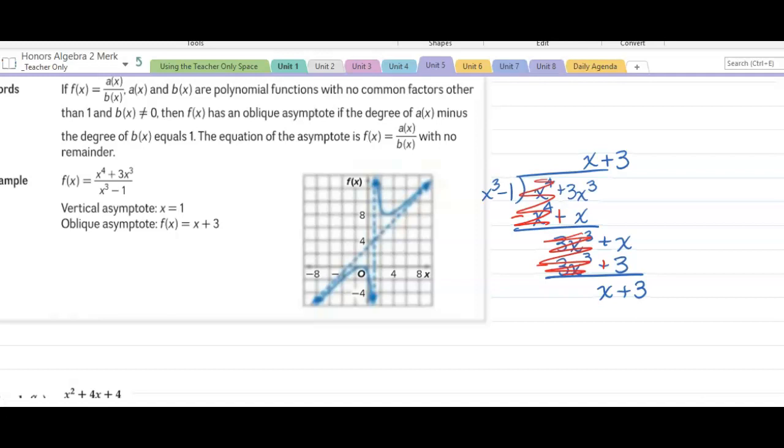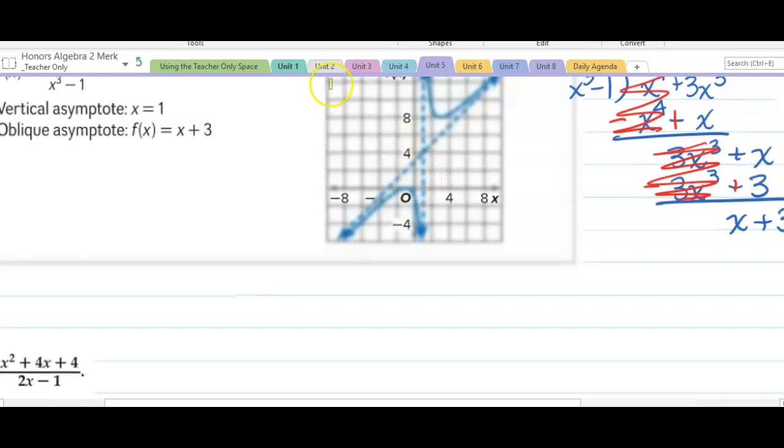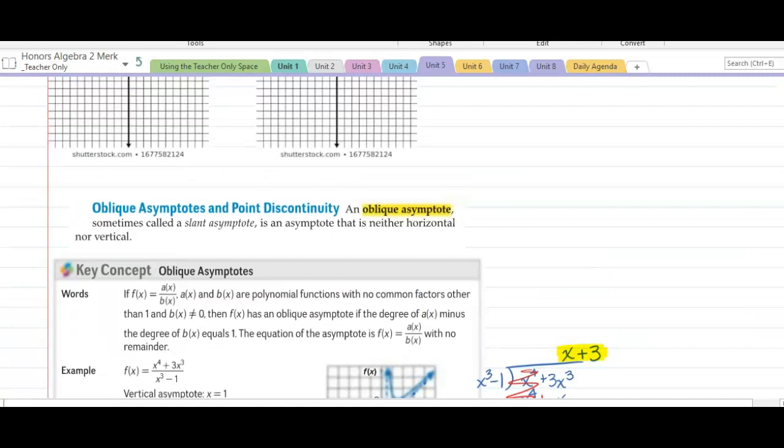So our asymptote equation is just x plus 3. So if I were to graph that, I would begin at 3 and go up 1 over 1, up 1 over 1. That's where we're getting this slanted dashed line that helps determine the shape of our graph.